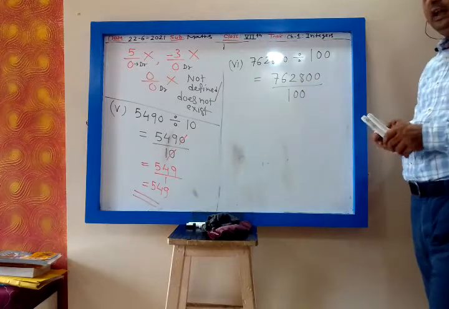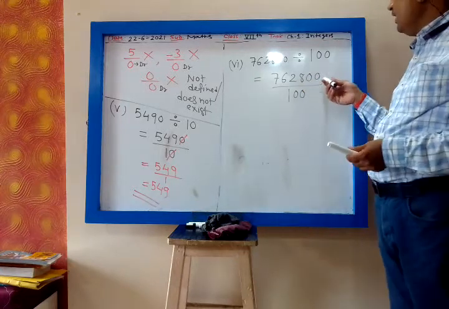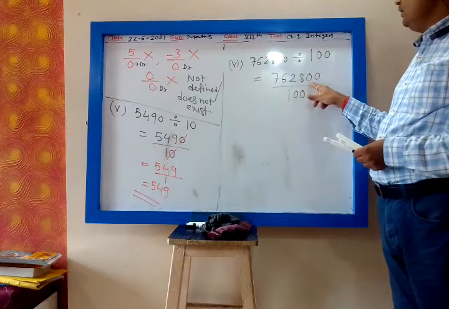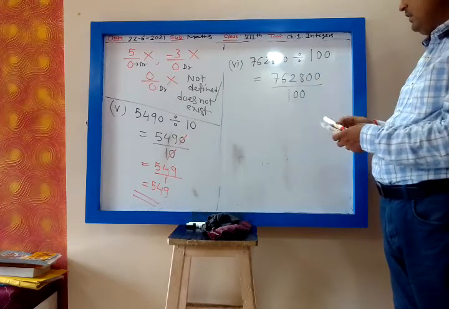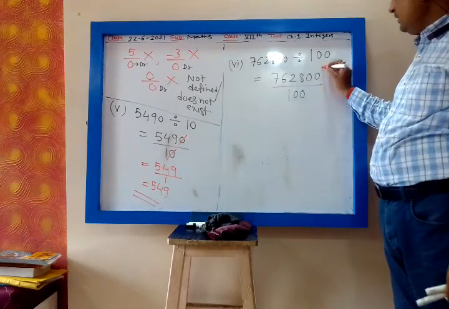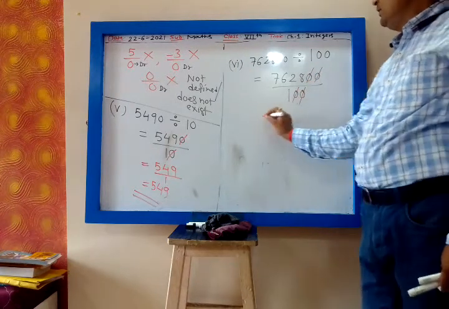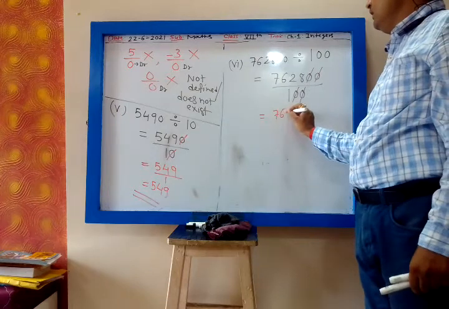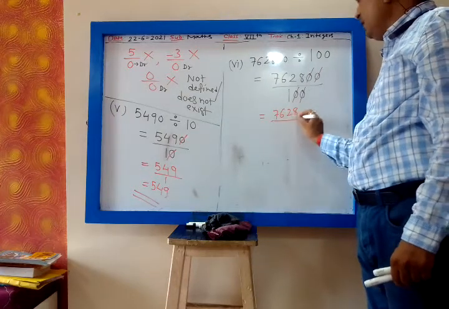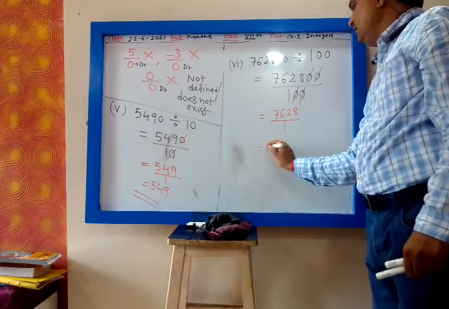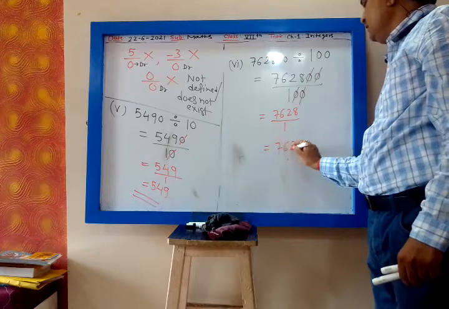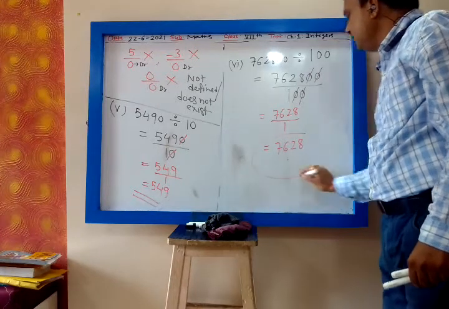Now both the zeros are at the end. So I can cancel this 0 with this 0, this 0 with this 0. So that is 76 upon 1, that is 7628. Yes, so this is the answer.